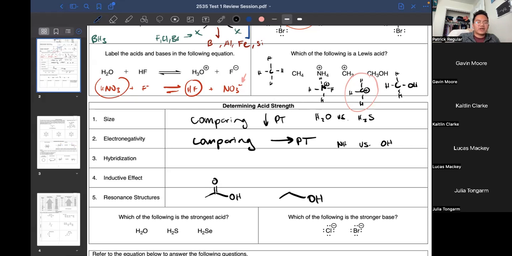An alcohol versus a carboxylic acid. On top of the electronegativity being pulled away from that hydrogen by that carbonyl oxygen, it also has resonance. So when these protons are eventually popped off, let's just say we pop them off and we have a residual negative charge on them.